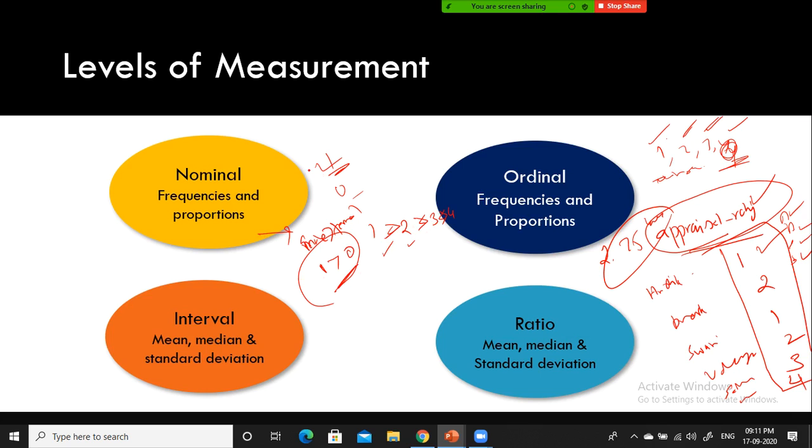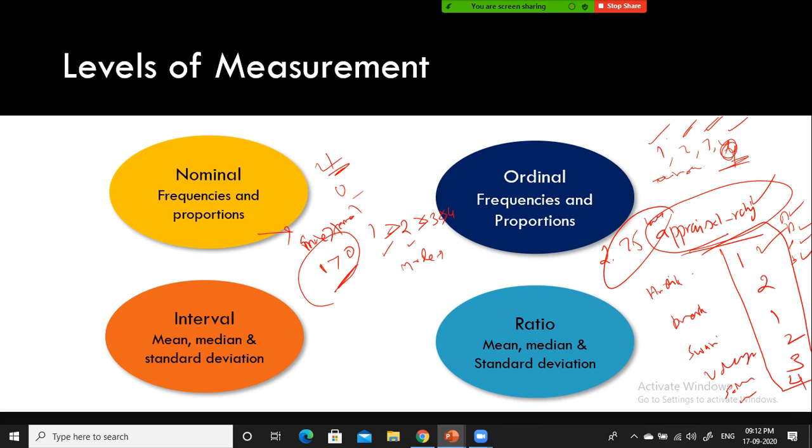But both of them are categorical variables. In both cases, we can perform frequencies and proportions. That's all. You cannot use mean or median; even if you use them, it doesn't make any sense. We can use mode. Mode is helpful for finding the most popular or most frequently occurring value.